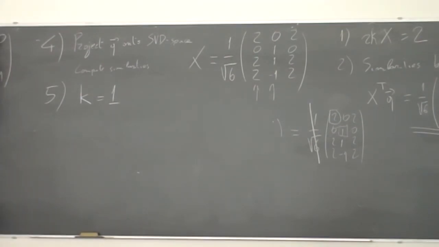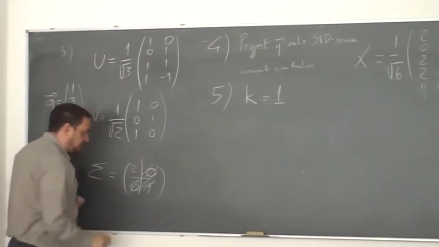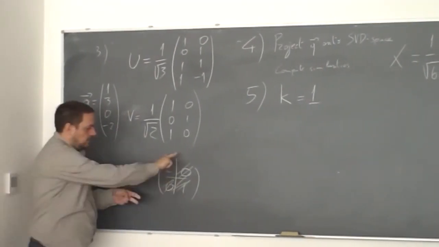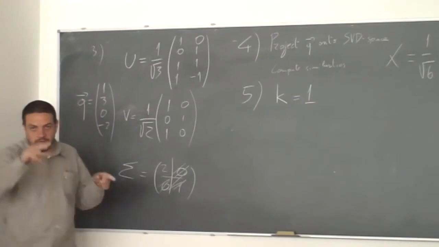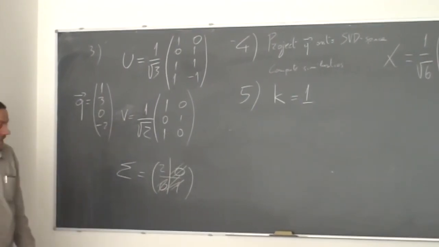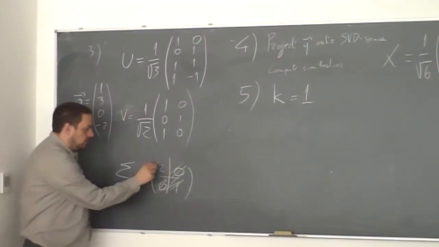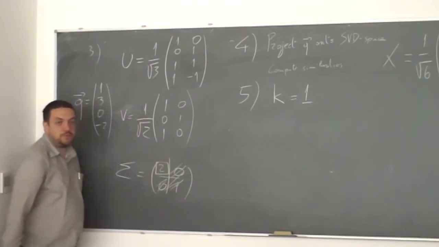So we are removing the lower right border of matrix sigma, which becomes a 1 by 1 matrix with value 2.